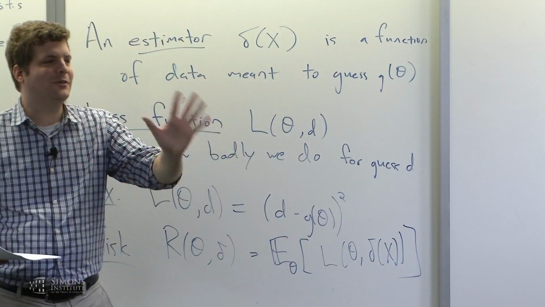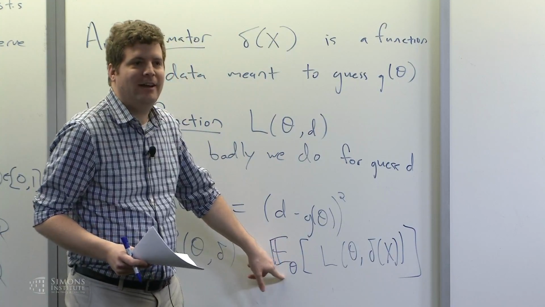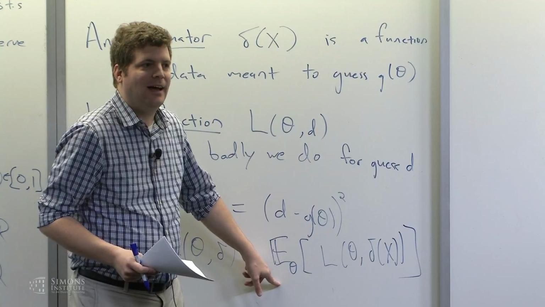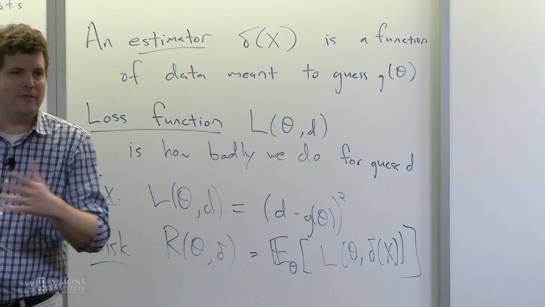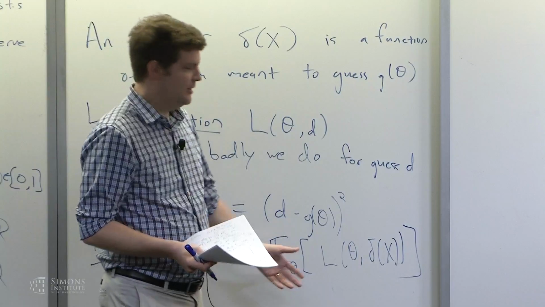In some corners of the mathematical world, people put the dummy variable, the thing you're integrating over, in the subscript here. We don't do that in statistics. In statistics, you're always integrating over everything in the problem that's random. In frequentist statistics, theta is not considered random. It could be, in which case we would always integrate over it.